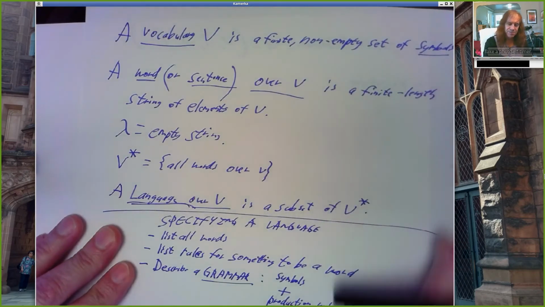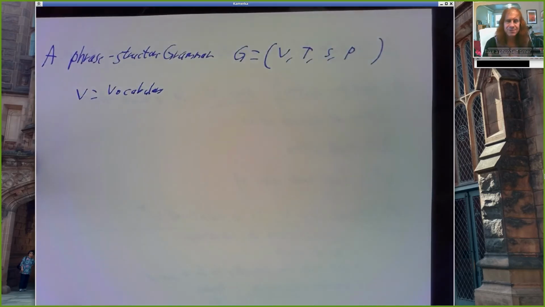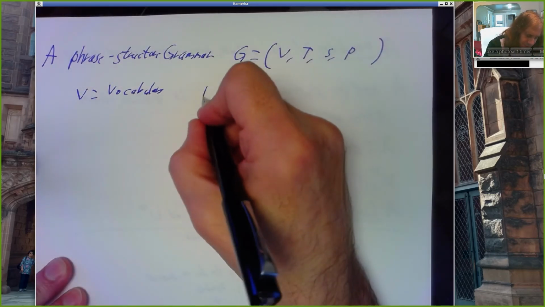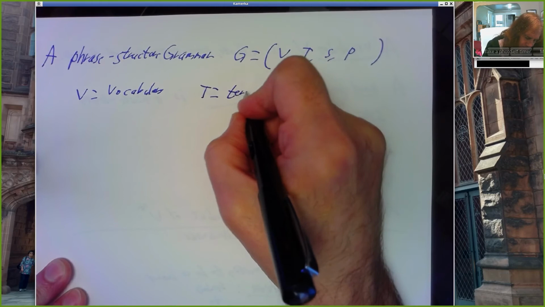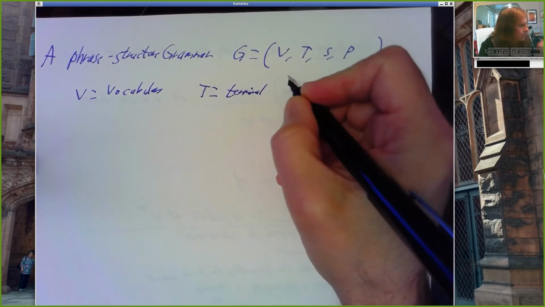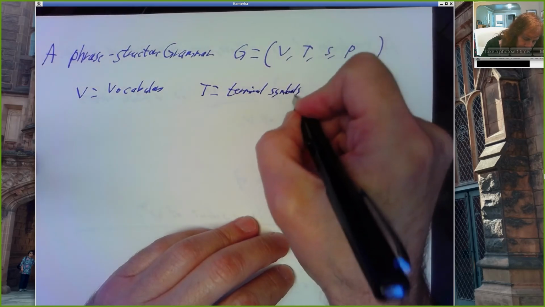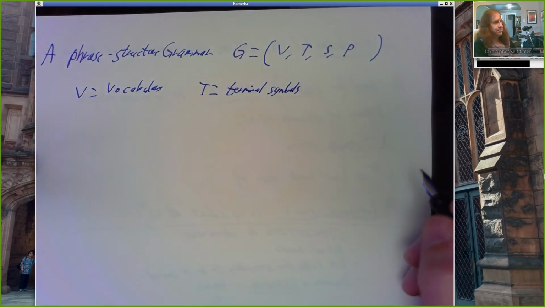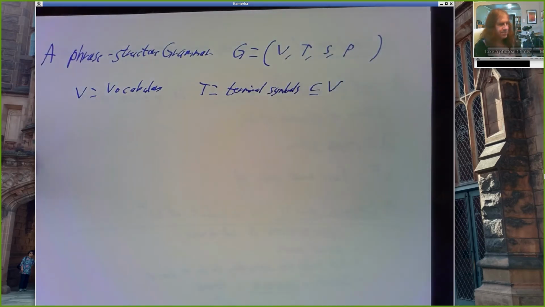What's a vocabulary? It's a non-empty set of symbols, finite in length. It's the thing we're building up words from. T is the set of terminal symbols, and there could be more than one. This is a subset of the vocabulary.